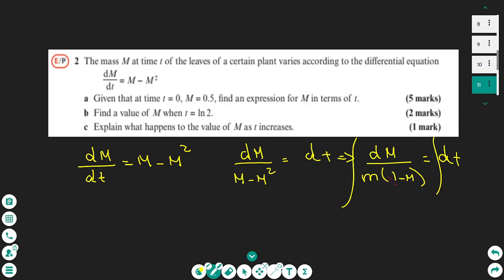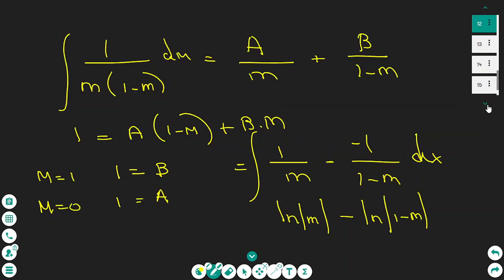And then I factorize the denominator as m times 1 minus m. I use the method of partial fractions here to find the integral of 1 over m(1 minus m). And I separate it into fractions a over m plus b over 1 minus m. And then I multiply both sides by m times 1 minus m, and I have the equation you see below.